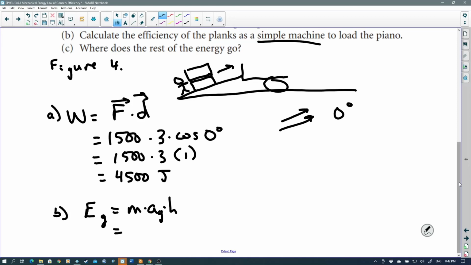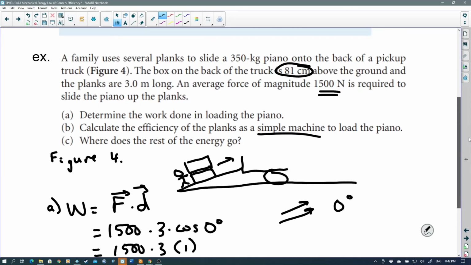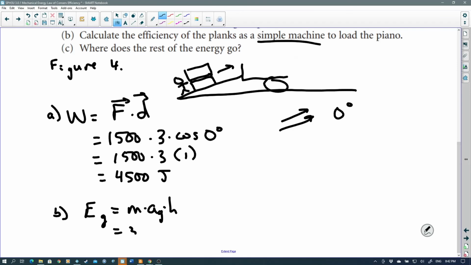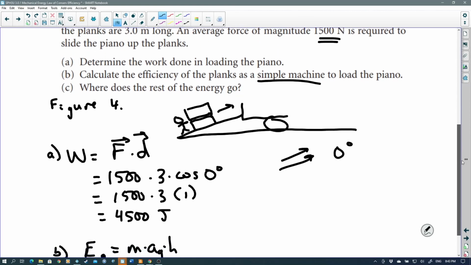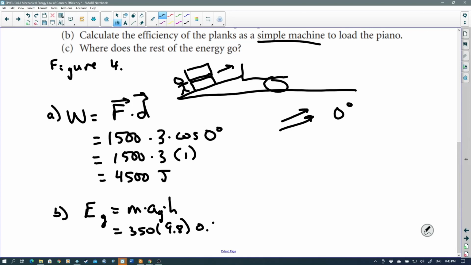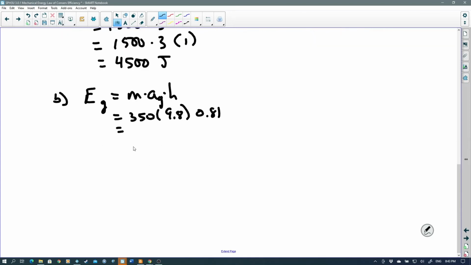The mass of the piano is 350 kilograms. g is 9.8. And the height is 81 centimeters, which we have to convert to meters. So that's 0.81 meters. If I calculate that, remember, this is the most efficient way of getting the piano into the back of the truck.